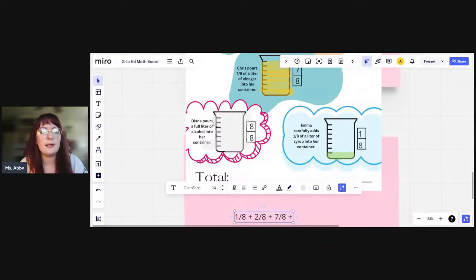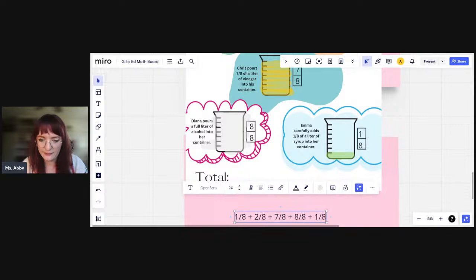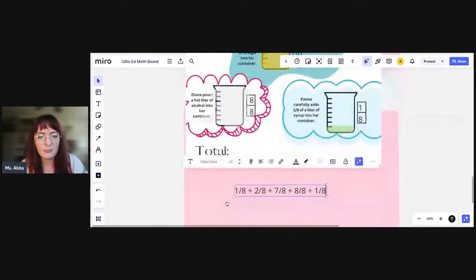And then 8/8, which is 1 whole. And then finally 1/8 again. So we have 1/8 plus 2/8 plus 7/8 plus 8/8 plus 1/8.